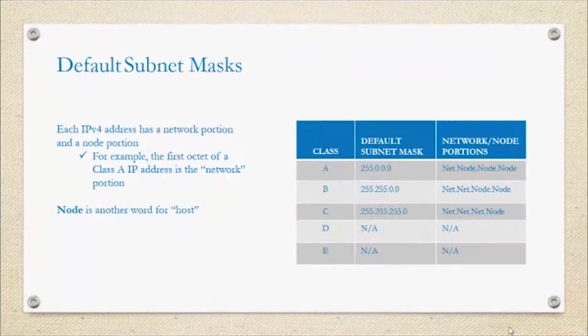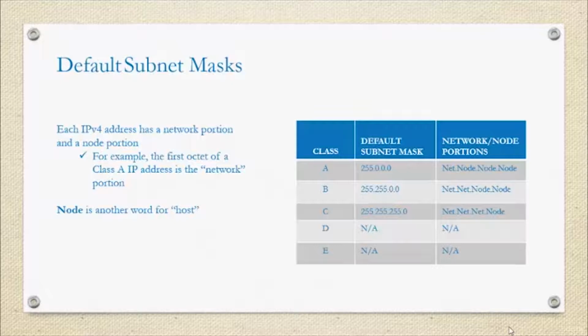Alright, so IP addresses have a subnet mask, and we talked about this a little bit earlier. Each IP address has a network portion and then a node portion. Just for reference sake, node is another word for host, by the way. You'll hear these terms being used interchangeably.